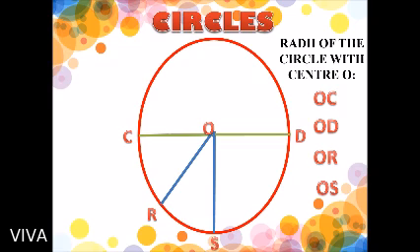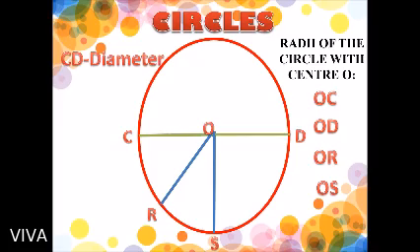We see that OC and OD are linear, that is, they form a straight line passing through the center of the circle. This line segment CD is called the diameter of the circle.